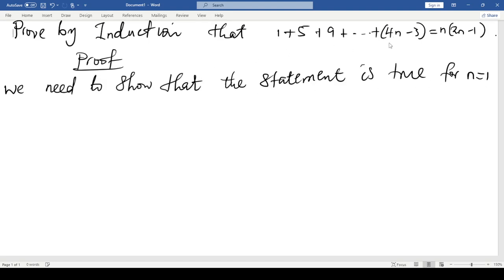So we're simply just going to get 4n minus 3, we equate it to this side, then we check if what we have on the left hand side will be equal to what we have on the right hand side. Then if that's the case, then we can just conclude to say true for n equals 1 there.